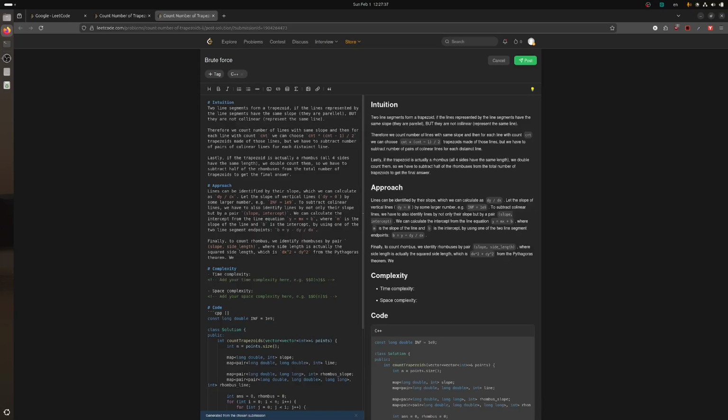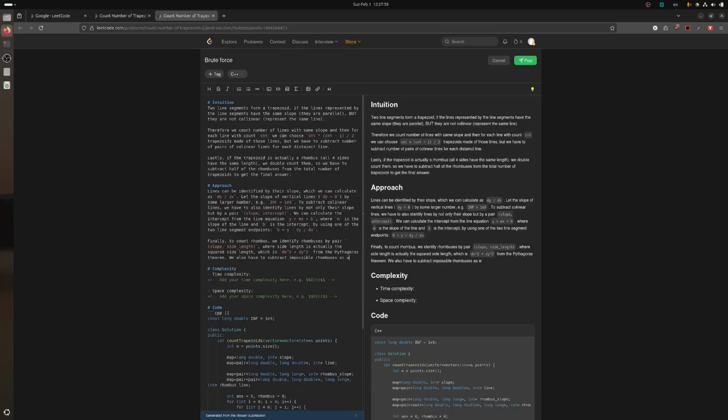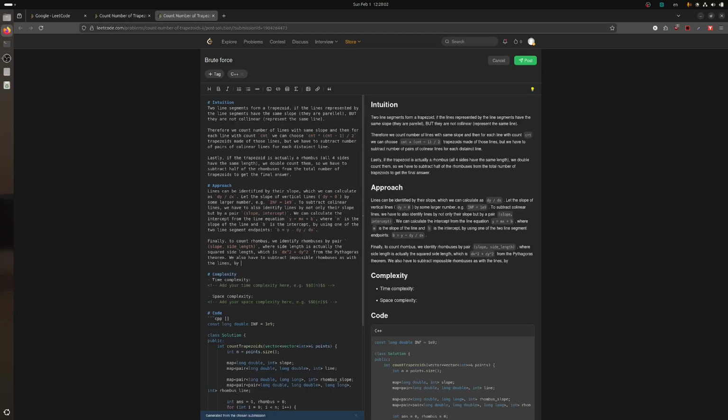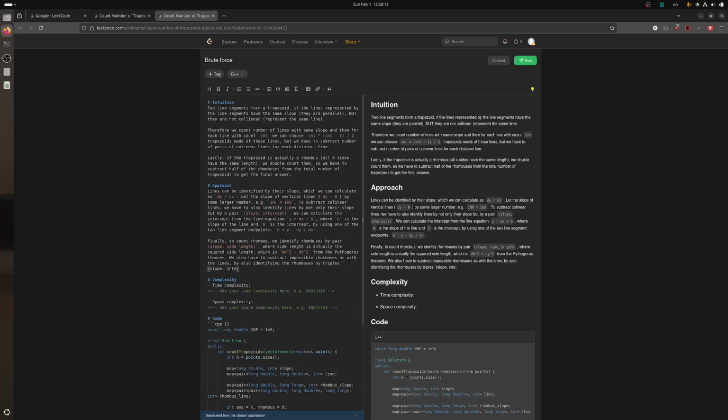We also have to subtract impossible rhombuses, as with the lines, by also identifying the rhombuses by triplets: slope, intercept, side length.